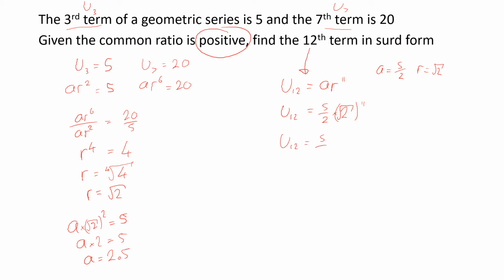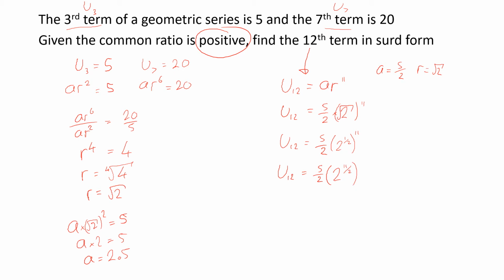So let's say we've got 5 over 2 times 2 to the power of a half, to the power of 11. And then we can use the bracket rule to multiply those powers together and say we've got 5 over 2, and this will be 2 to the 11 over 2.